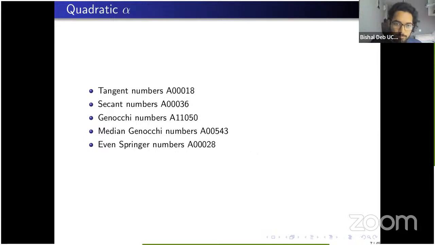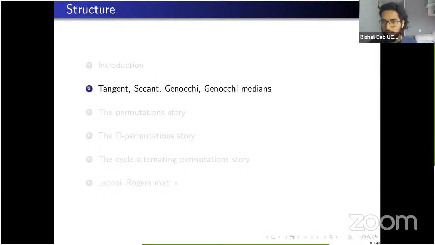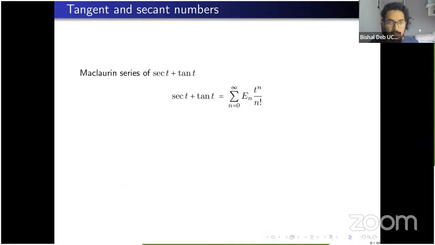Let me now simply define these numbers: tangent, secant, Genocchi, median Genocchi. Let me begin with tangent and secant. Consider the trigonometric functions secant and tangent, take secant of t plus tangent of t, and look at its Maclaurin series expansion.